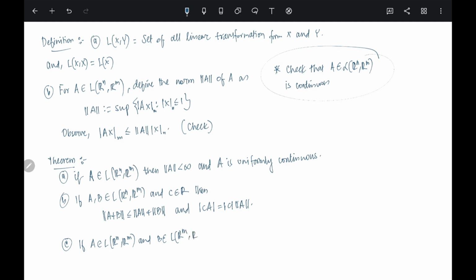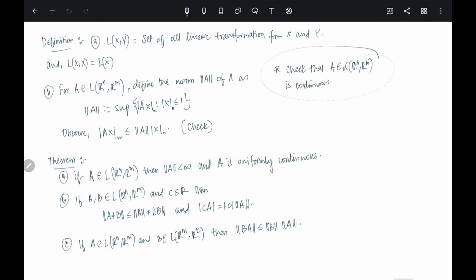Then we can define BA, and we can define the norm of BA. Then the norm of BA will be dominated by norm of B times norm of A. These properties are very important. We are going to use them when we define something called a matrix exponential. So you should know these things for a fact. Let's look at the proof of this.